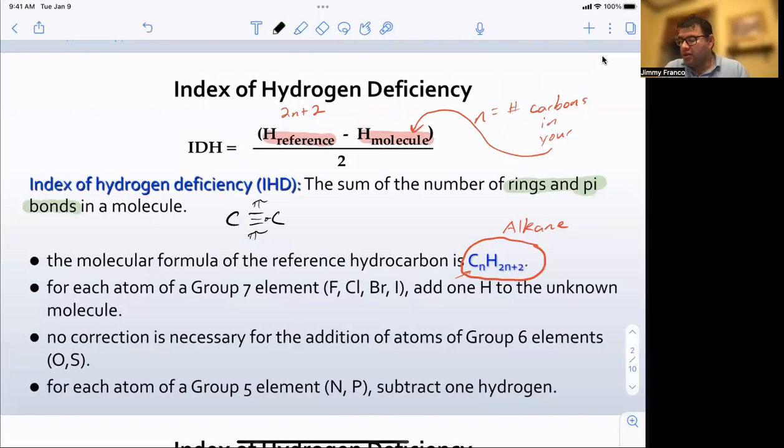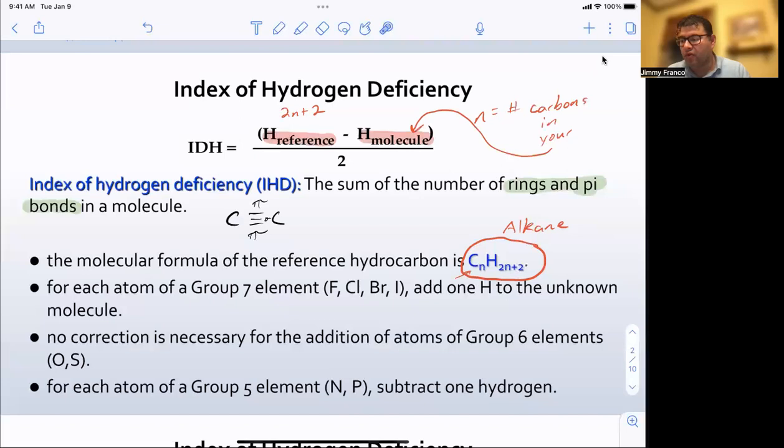All right, the next thing we're going to do is take into account the number of halogens, oxygen, sulfurs, and nitrogen, phosphorus. So if your molecule has a fluorine, chlorine, bromine, iodine, so a halogen, right? So it's in that group 7, so a halogen. You're going to add 1 to your molecule. Right?